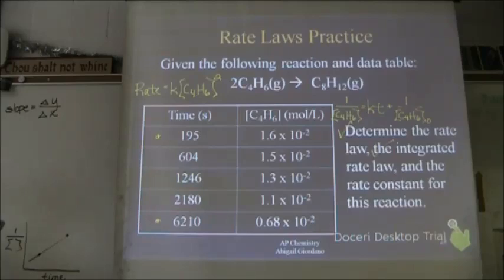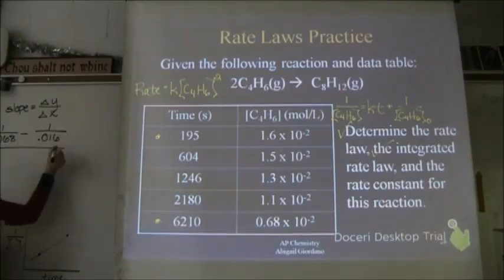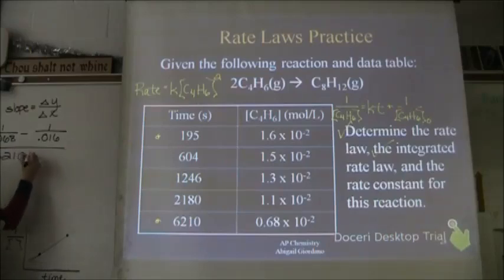That's really sneaky. So change in y, okay, fine. 1 over. I'm going to take it out of scientific notation, so it just annoys me. Now change in x, I don't have to do anything fancy with that.